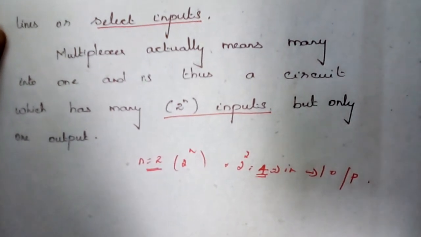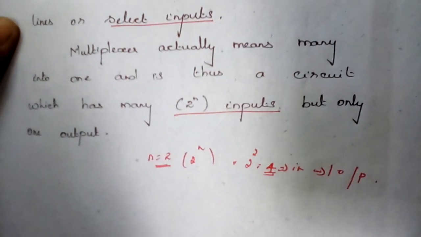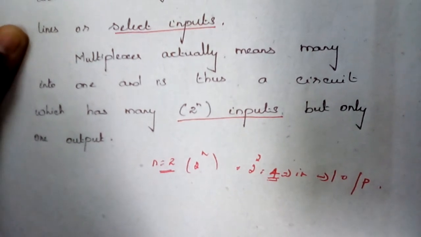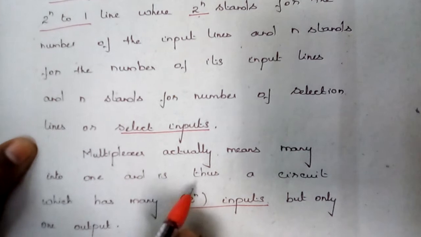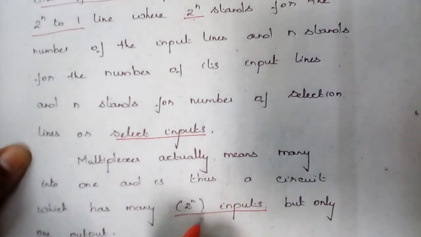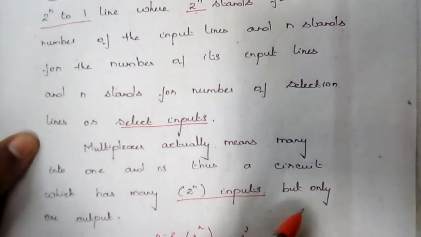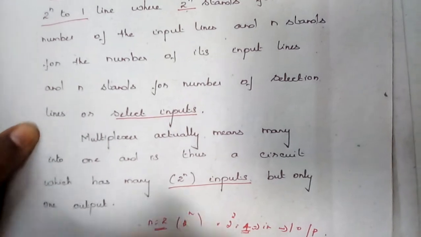It may have any number of inputs depending upon the size of the multiplexer. The size is decided by 2 power n inputs, but only 1 output.